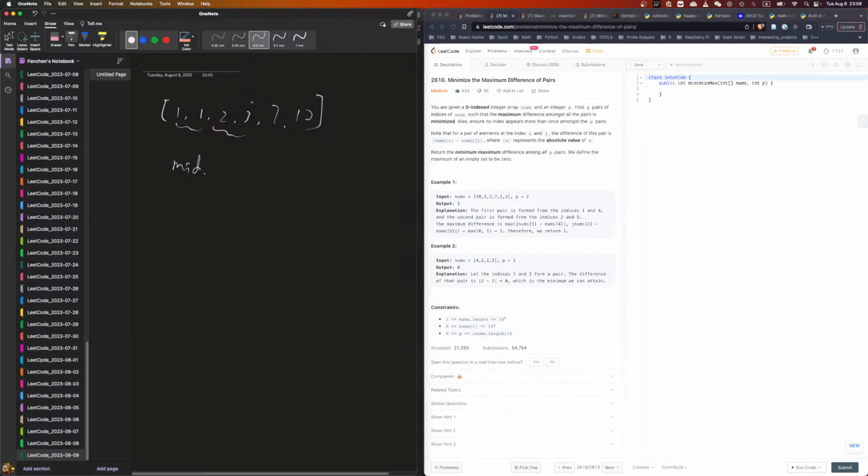Right, so we can pair them up. Let's say the biggest one is 9. So I'd say the difference is 4. Can we find enough pairs such that their difference is always smaller than 4?